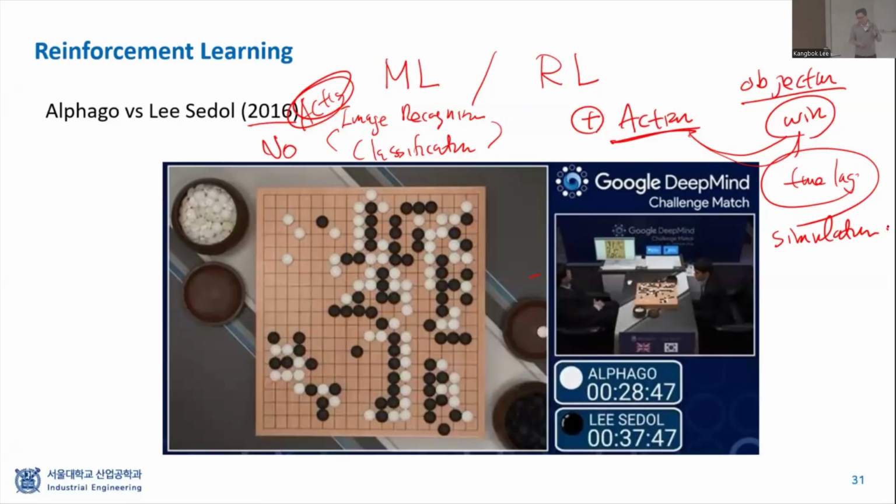But eventually, what they want to find out is the optimal action, where to put the stone in order to increase the probability of winning that is estimated right now. In order to do a lot of simulation, they implemented something called distributed computing, right?